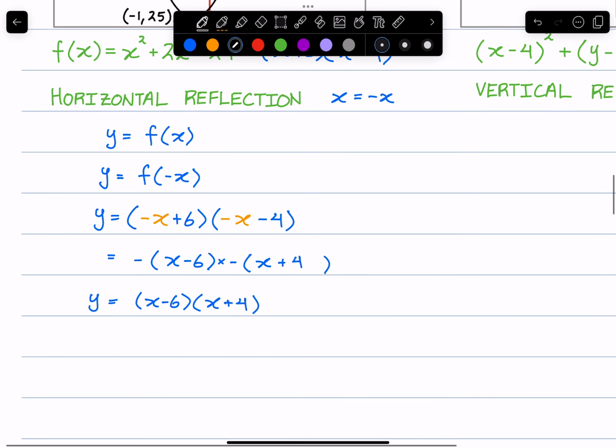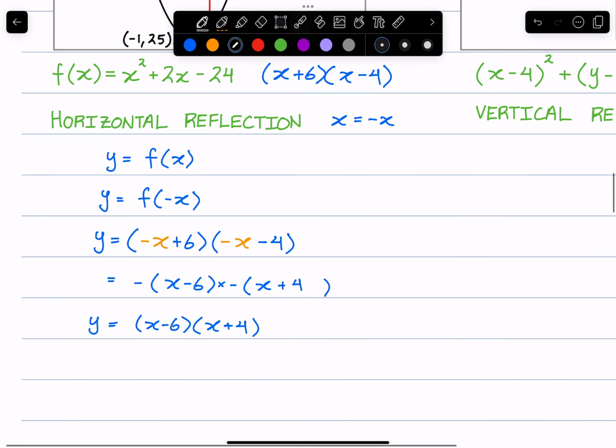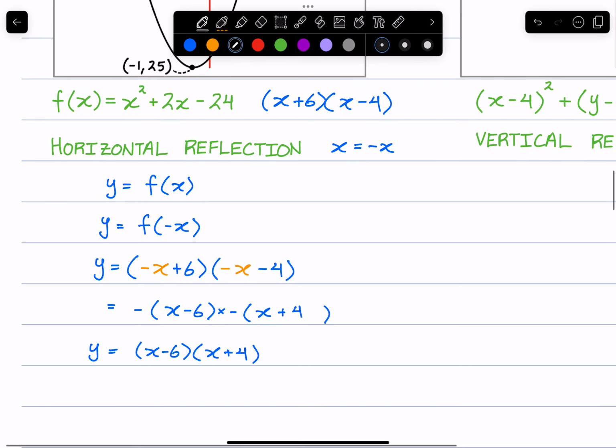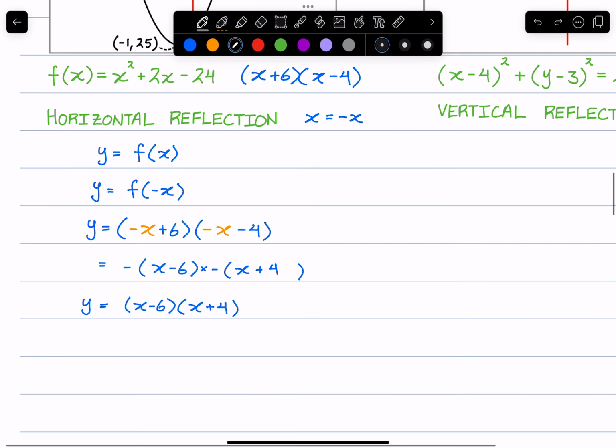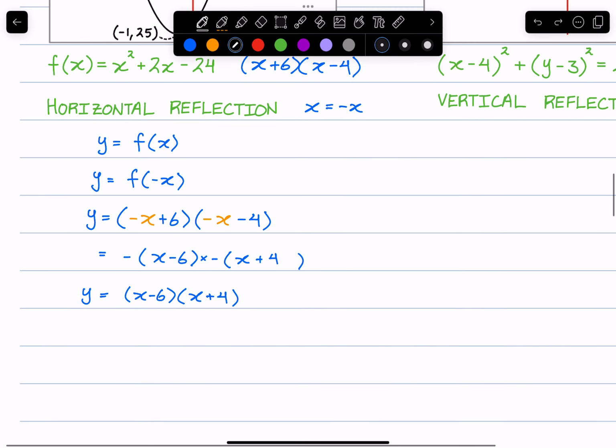Now, to really show why you might want to do this one rather than this, you can utilize this expression in order to substitute negative x. We would get y equals f of negative x. If I were to now substitute this into the original expression, I would get this.